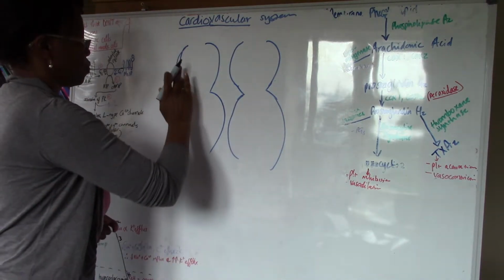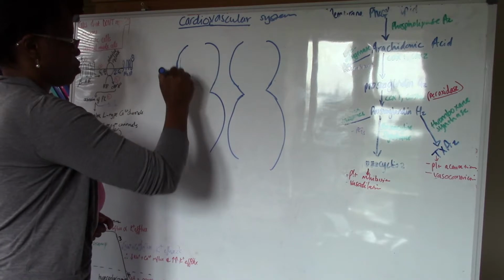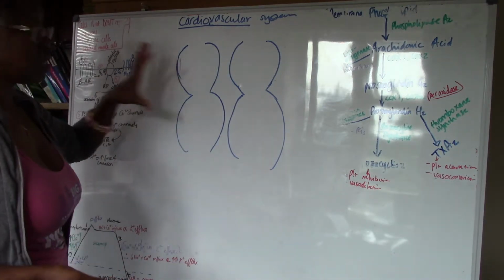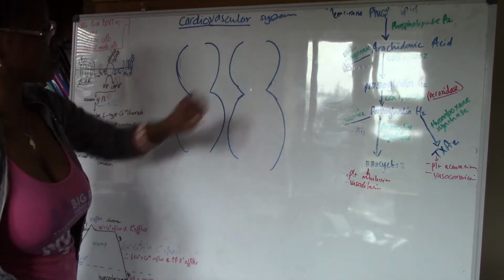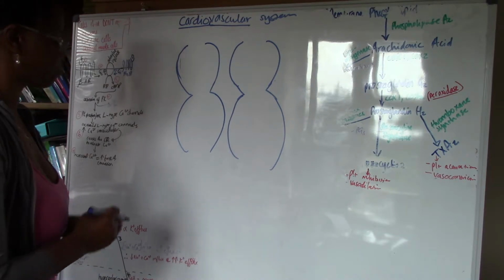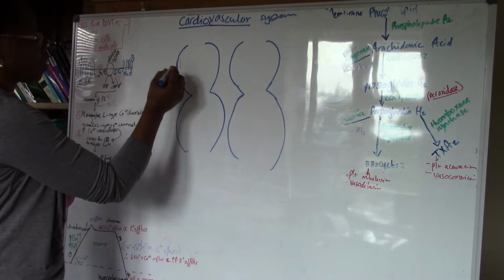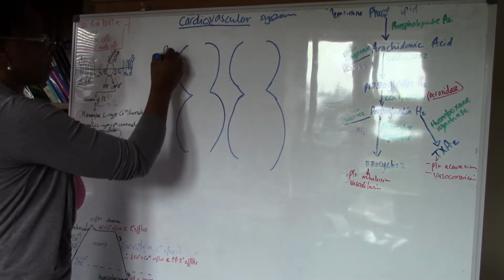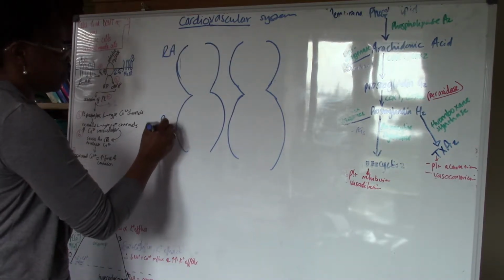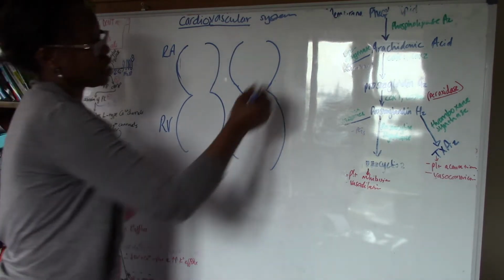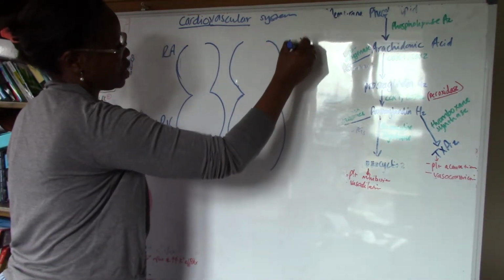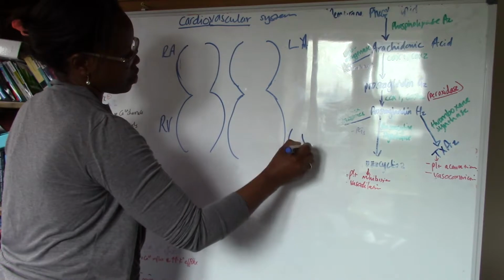This is the right heart and this is the left heart. The right side of the heart, which we call the right heart, has a right atrium and a right ventricle. The left side similarly has a left atrium and a left ventricle.